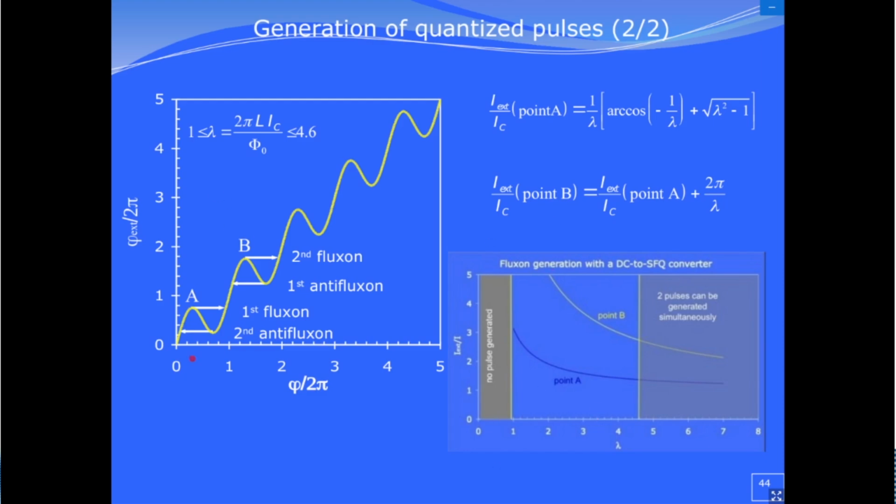You can calculate the range of lambda for which it will work properly, usually between 1 and 4.6, if I remember well. Below 1, there is no pulse, and above 4.6, you can have several pulses, so you don't want that.